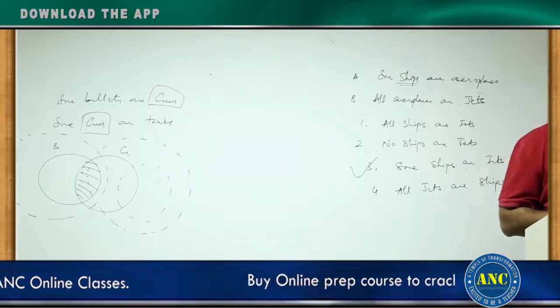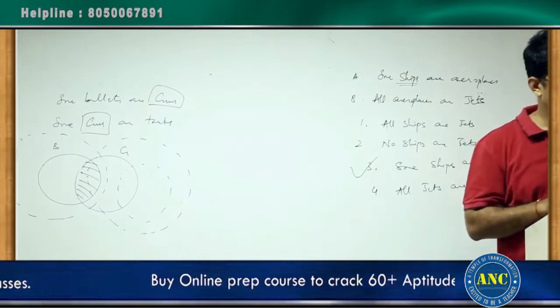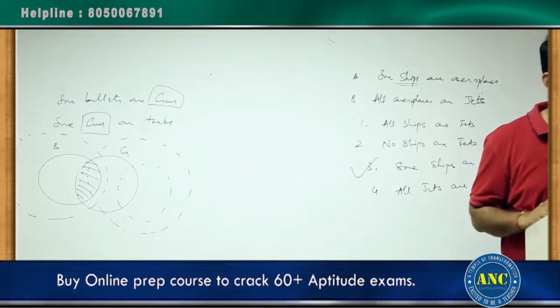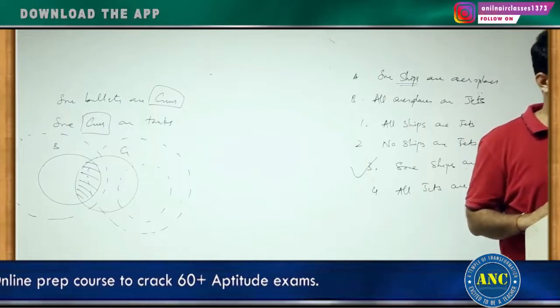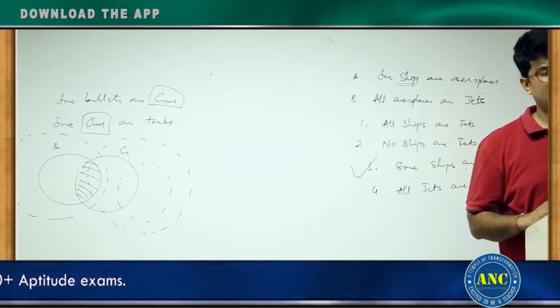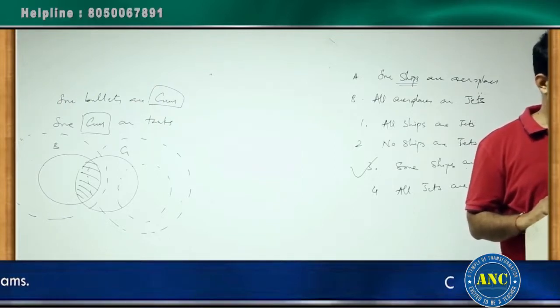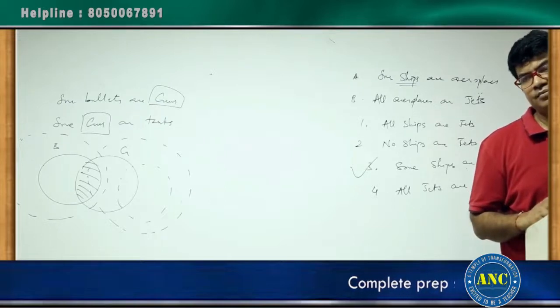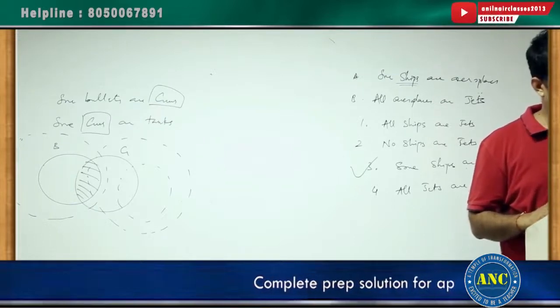Example: first statement, statement A, no car is chair. Second, no chair is cat.